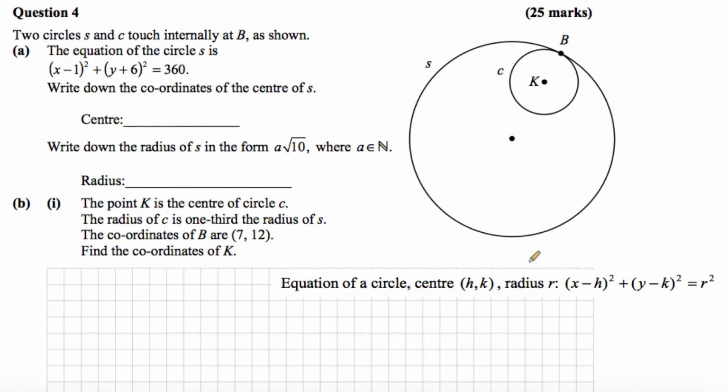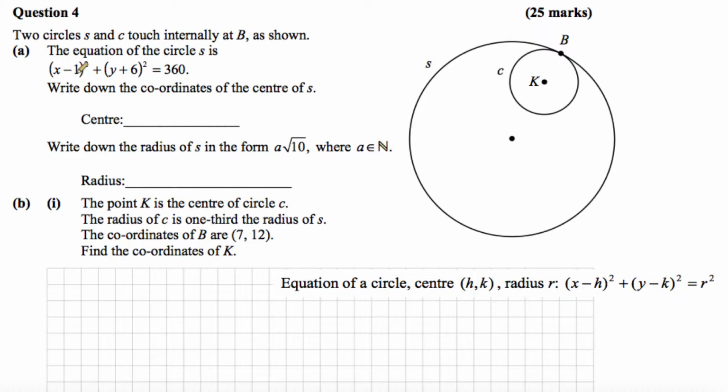In our tables book, I've taken this here from the tables book. If the equation of a circle is given in this format here, (x minus h) squared plus (y minus k) squared equals r squared, well then the h and the k will be the center. This is providing there's a negative sign in each bracket.